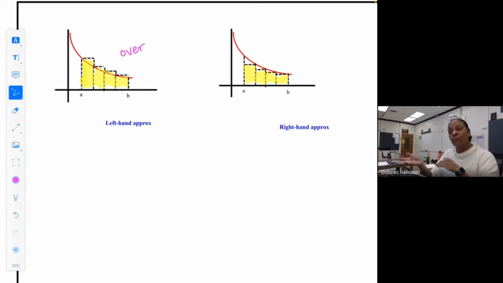But if we look at the right-hand approximation, the area of all of those rectangles is actually less than the actual area under that curve. So what we're going to determine now is when our left versus our right is going to be an over or an under approximation. And it has to do with whether or not our function is increasing or decreasing.